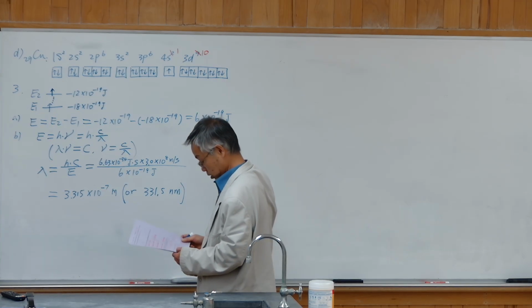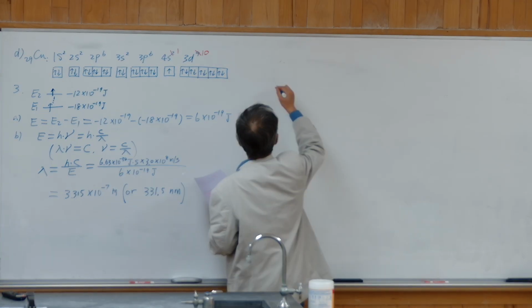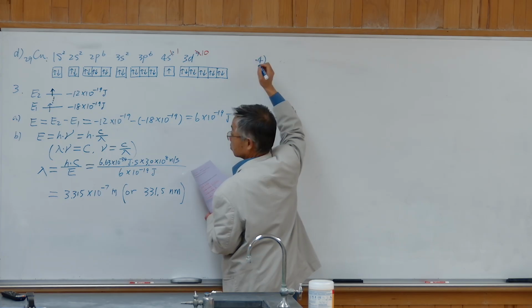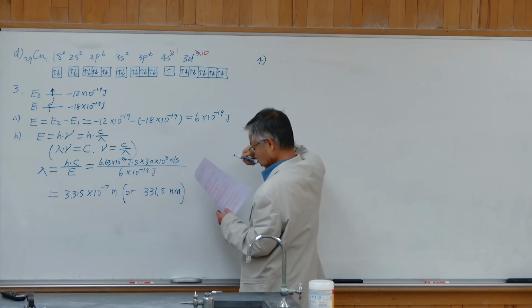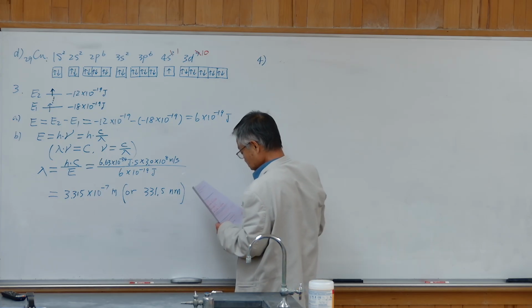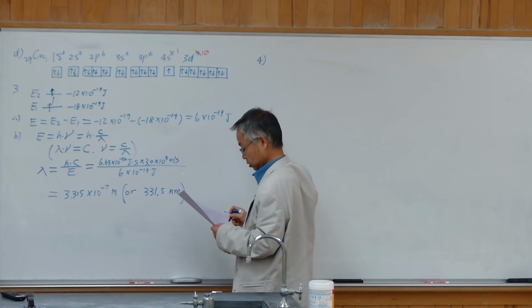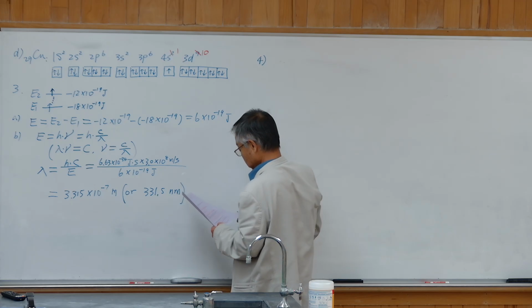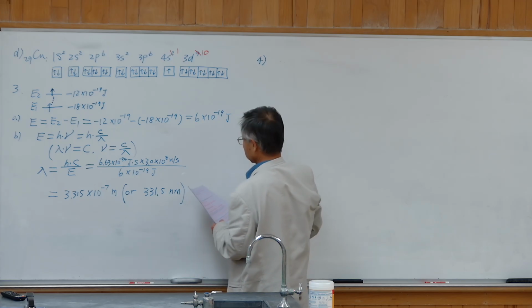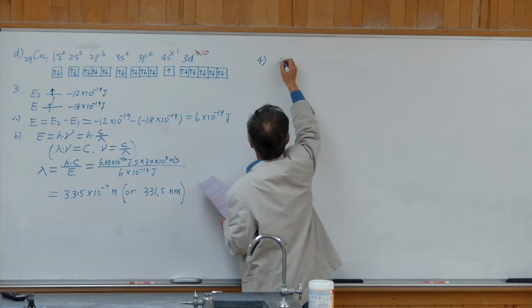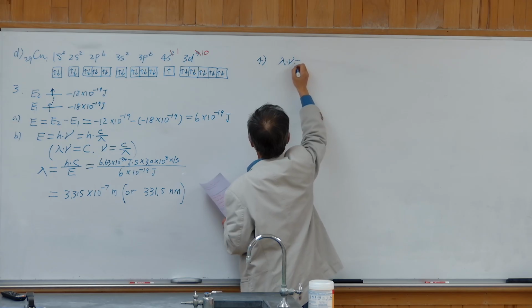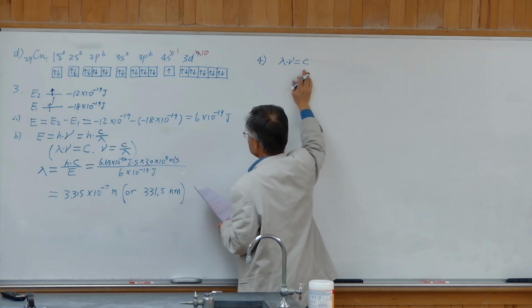This is question 3. Then question 4. What is the wavelength of light having frequency 3.6 times 10 to the 10th power hertz? So it tells us frequency and asks you for wavelength. So we're going to use their relationship: wavelength times frequency equals light speed c.